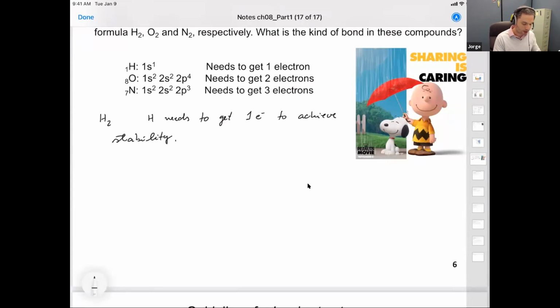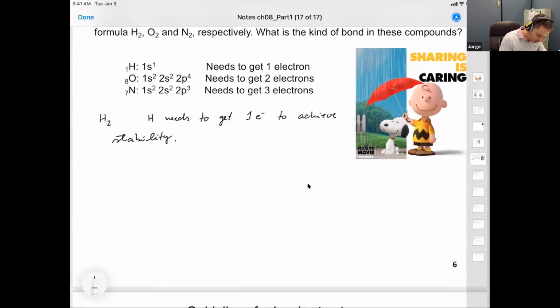Always, when two or more elements combine and both of them need to get electrons to achieve stability, we are going to form a chemical bond called covalent bond. What is the idea in the covalent bond?